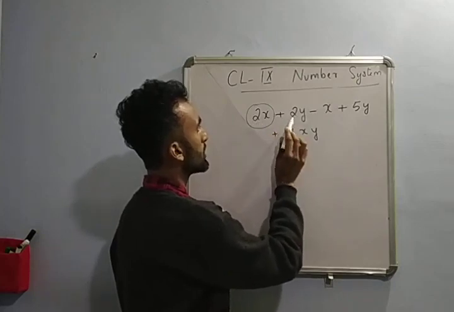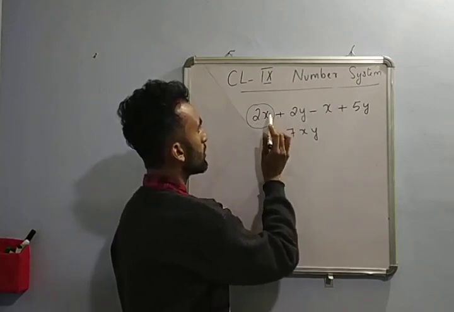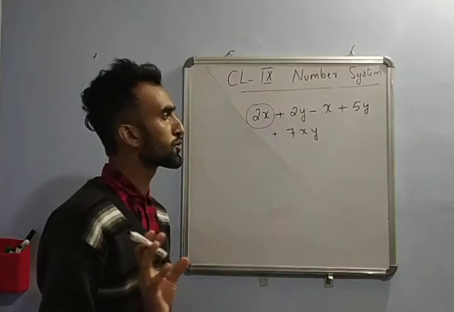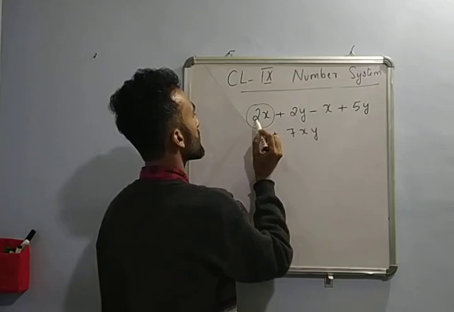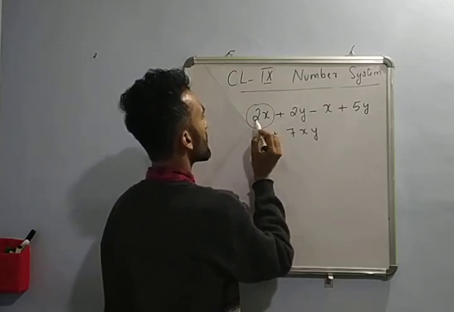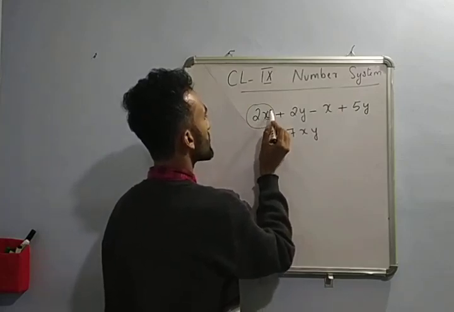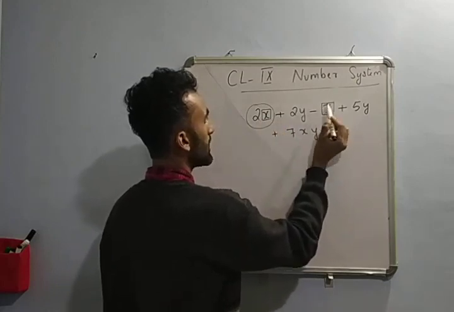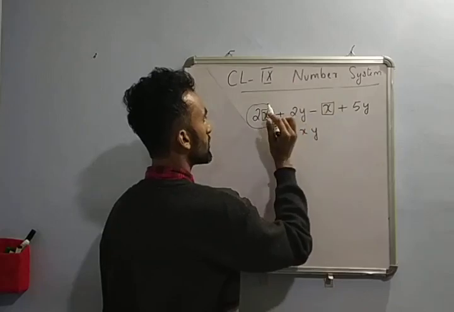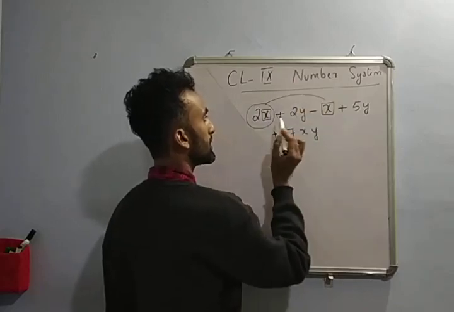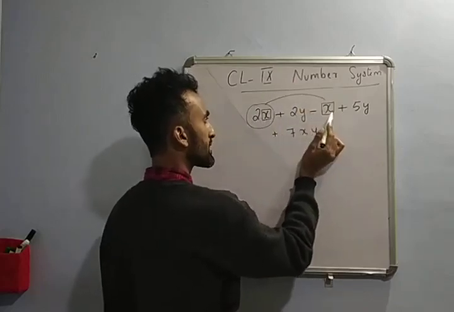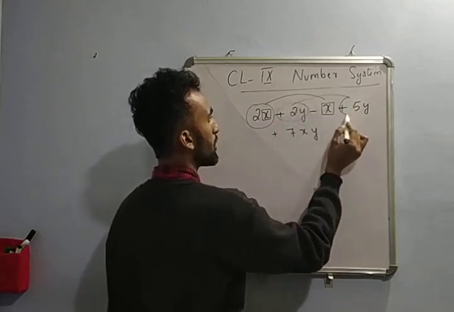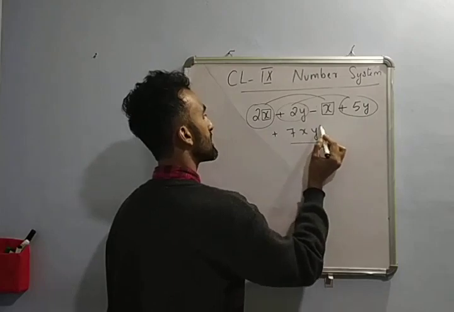In order to add or subtract, you have to see the same variable. Power also should be exactly same. Doesn't matter what is here, what matters is this x. Check for x. There is an x here. If nothing is there, there is a 1 here. So these two will be combined: 2x minus 1x, plus 2y and plus 5y will be combined, and this one will be left as it is.